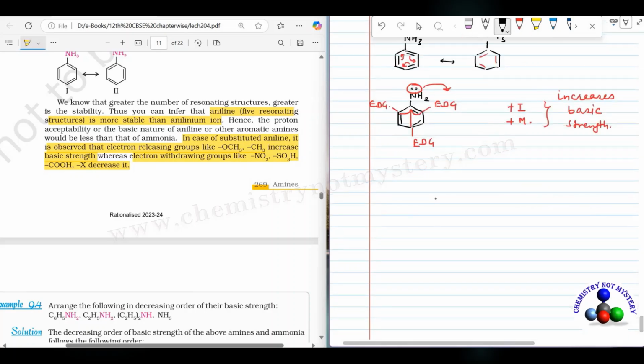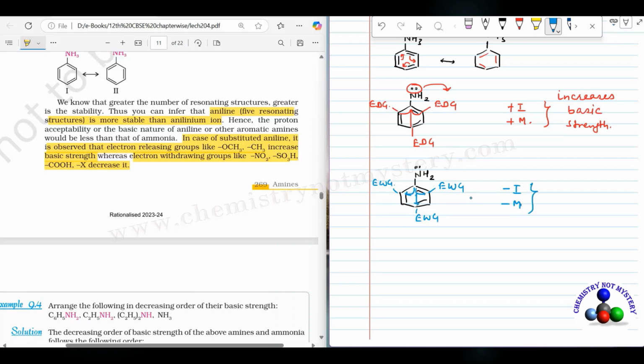While in case of electron withdrawing groups, let's draw the structure of aniline first. So this is benzene, it is bonded to NH2 and nitrogen has a pair of electrons. So this is aniline. If electron withdrawing groups are bonded to ortho or para position, they will withdraw electron density by minus I or minus M effect.